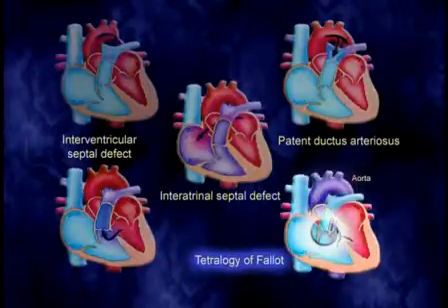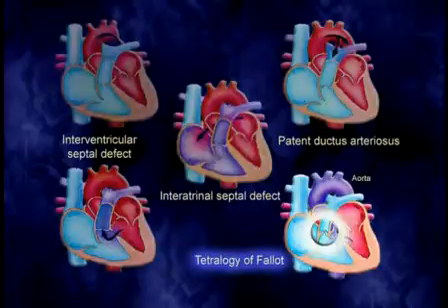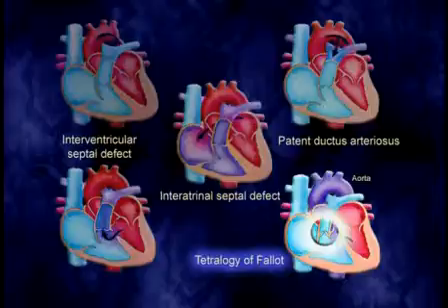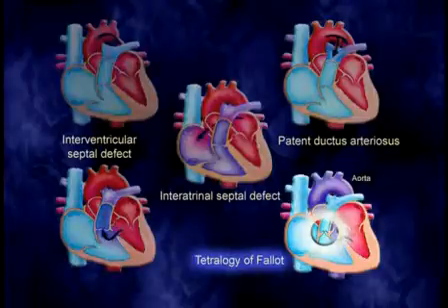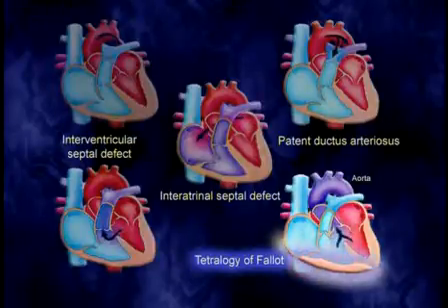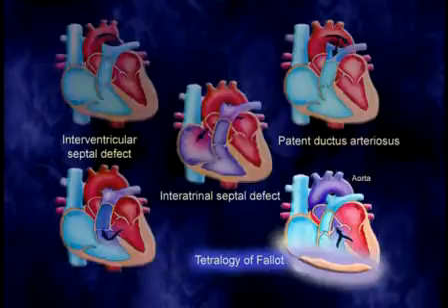Second of all, the pulmonary valve, or the pulmonic valve, leaving the right side, is stenotic. It doesn't open very well. It's very tight. The third is an interventricular septal defect, which is right below. And finally, you get right ventricular hypertrophy and enlargement.